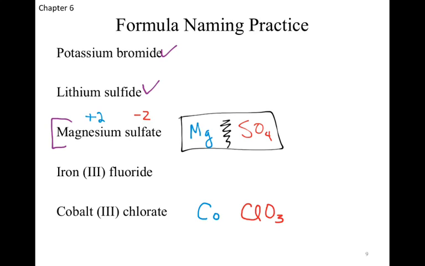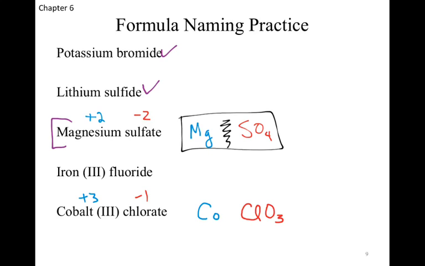ClO3. The charge on our cobalt was +3. Our chlorate was -1. For our charges to balance out, how many are we going to need for each of these?